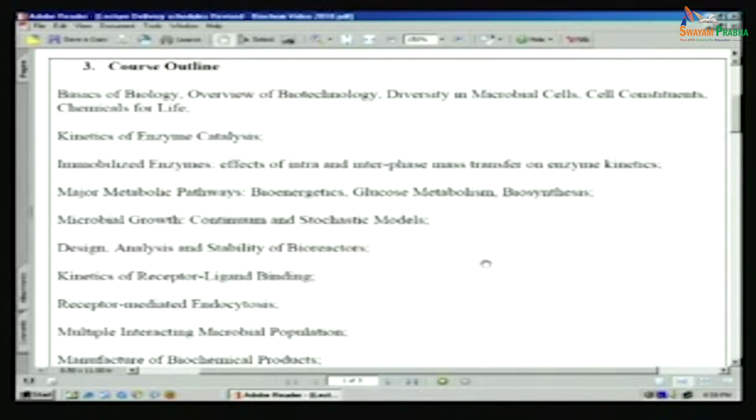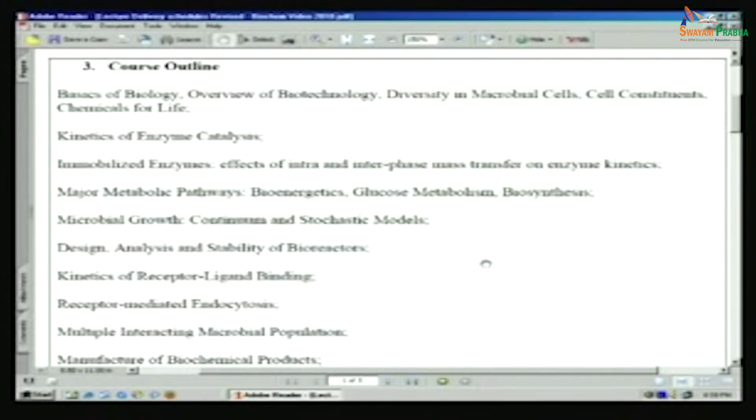And then the next step we go on to design, analysis, and stability of bioreactors, which is obviously the macro scale, right? So now we look at not just the reactor design, but when these biochemical reactions happen in the reactor, what kind of dynamics it generates. And these are pretty interesting dynamics and different from the kind of dynamics that you would see elsewhere.